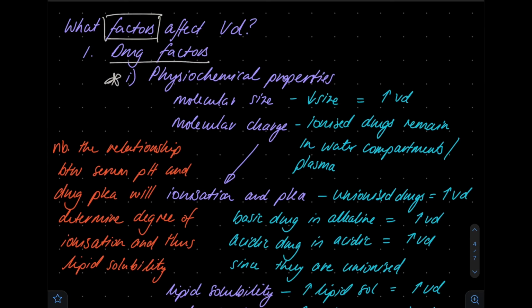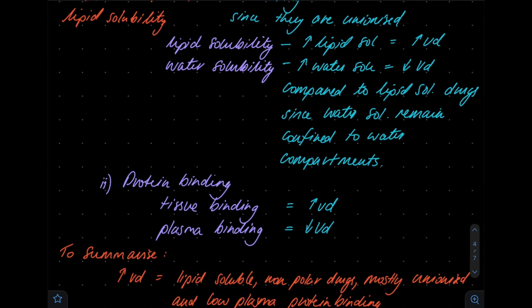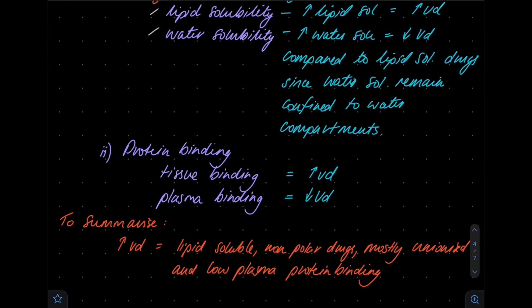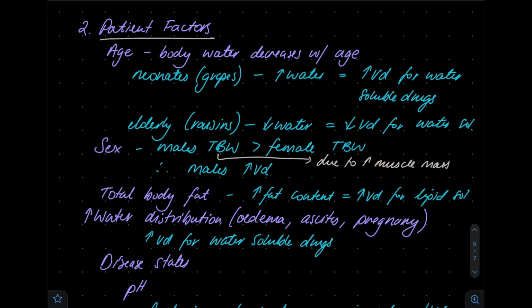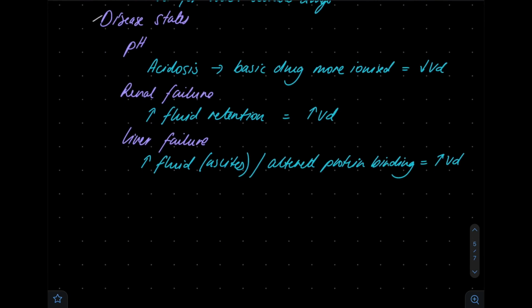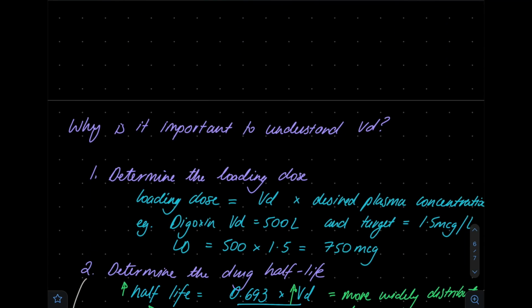In terms of drug factors, this can be divided into physiochemical properties, which includes molecular size, charge, ionization and pKa, lipid and water solubility of the drug, and protein binding of the drug, with the main headings being tissue and plasma protein binding. In terms of the patient factors, these can be thought of as the demographic factors that affect water or fat content, such as age, sex, pregnancy, and obesity, or the disease states that affect water or fat content, such as edema, ascites, renal, cardiac, or liver failure.